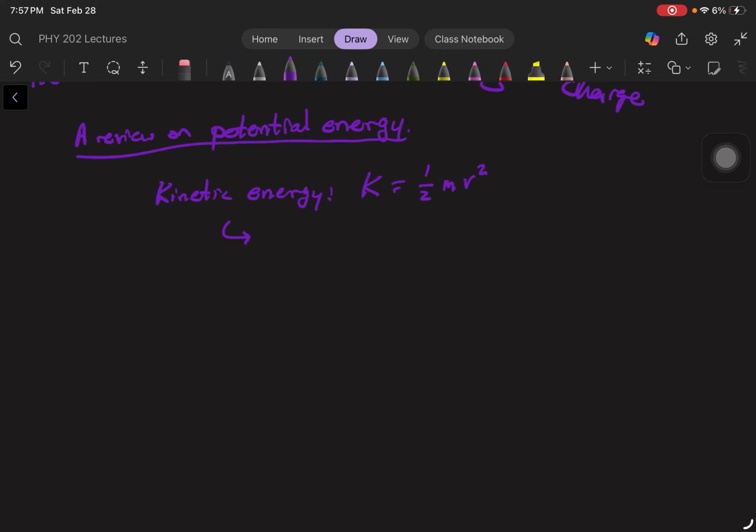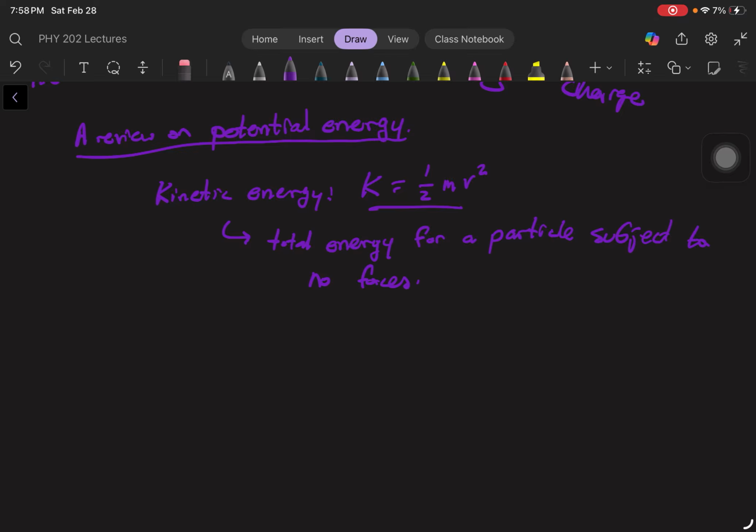And this would be the total energy for a particle subject to no forces. If you have a particle that's just hanging out in free space, there's no gravity, no electric forces, no springs to compress or anything, then its total energy is its kinetic energy.